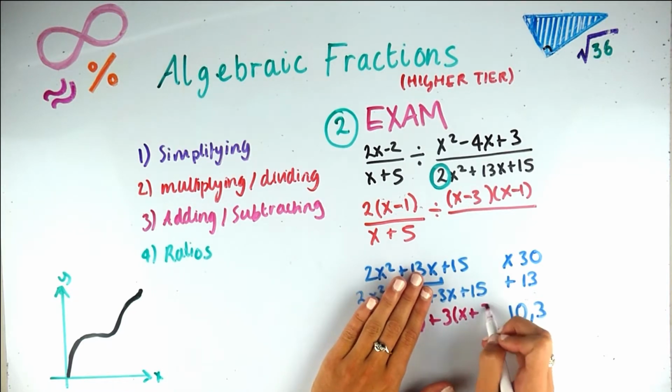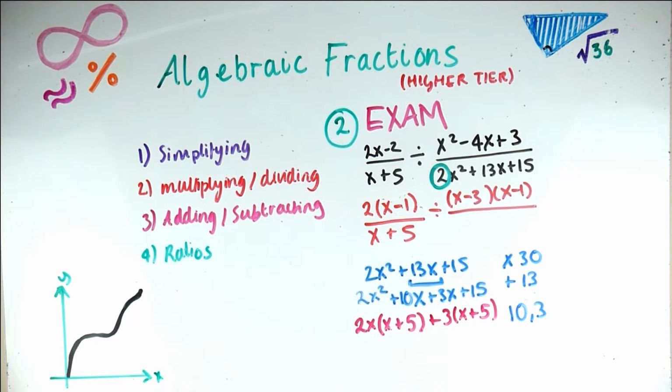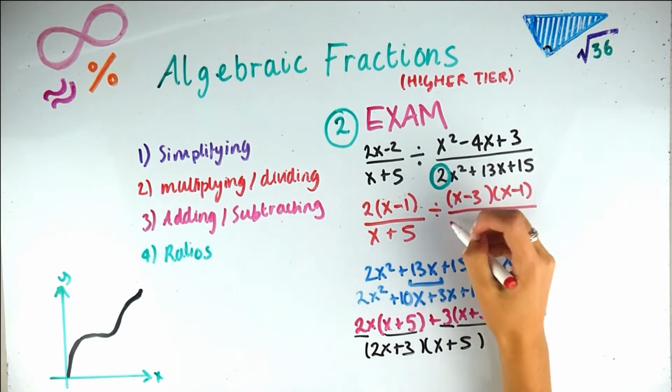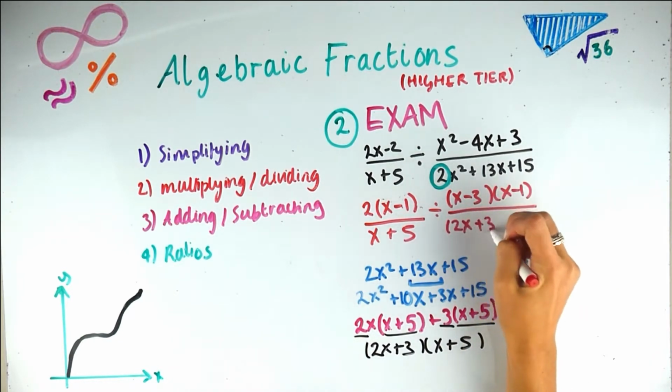That term's missing an x, and that needs to be multiplied by 5. Quick check that these brackets are the same, and then we can do this. So yes, they are the same, so one of them goes in here, and the other one are these coefficients, so 2x plus 3. Okay, so now we can put that, because that's this factorised, here, and then rub it out and do some solving.